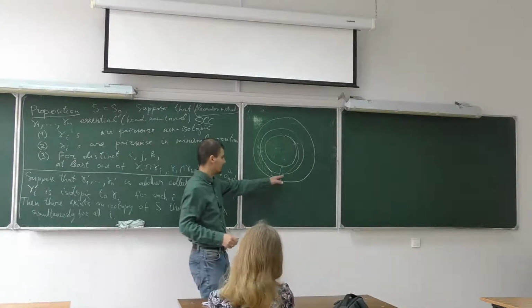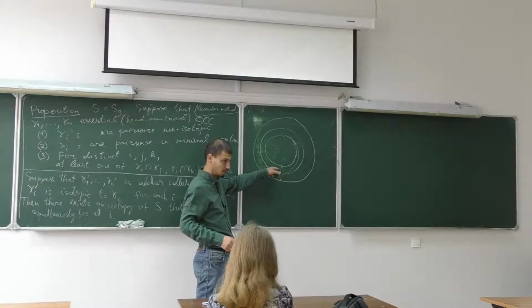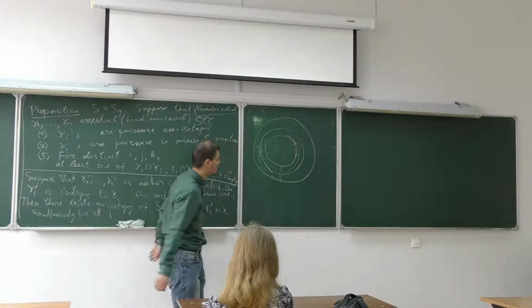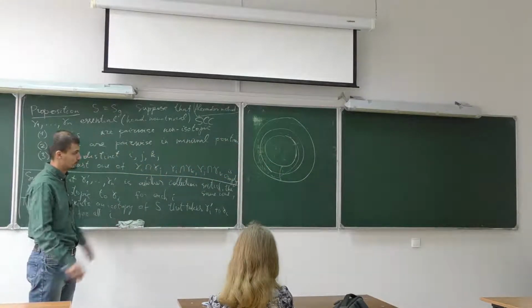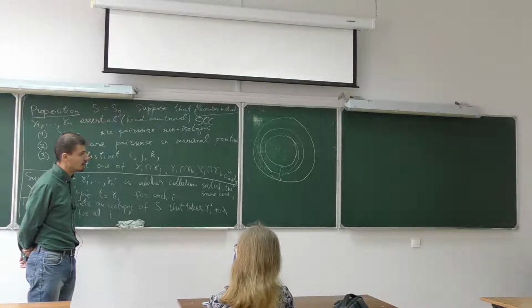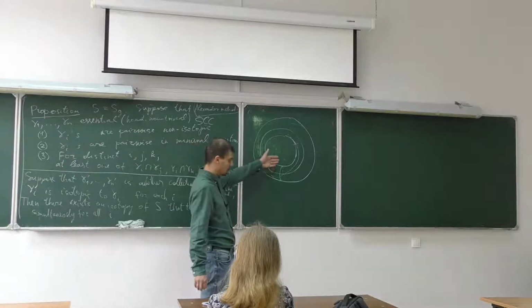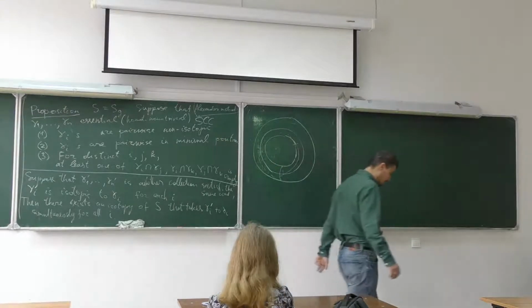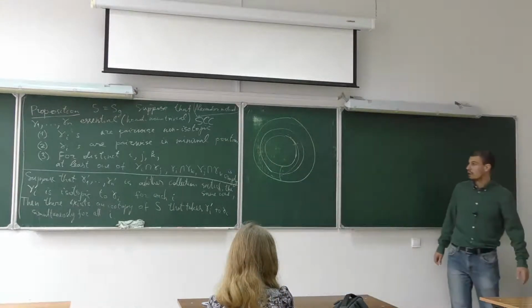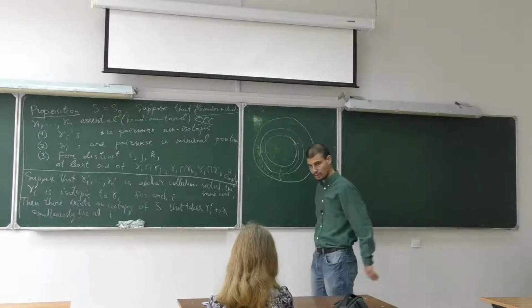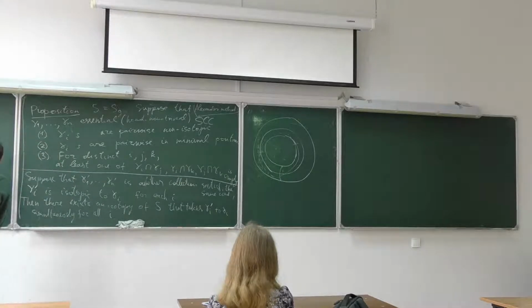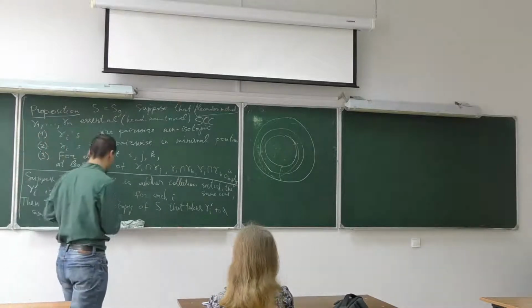If we replace this red curve with an isotopic curve that passes on the other side of this point, then every curve in the new collection is isotopic to the corresponding curve in the old collection, but for the total collection there is no isotopy which takes these curves simultaneously. Okay, now let us prove this proposition.